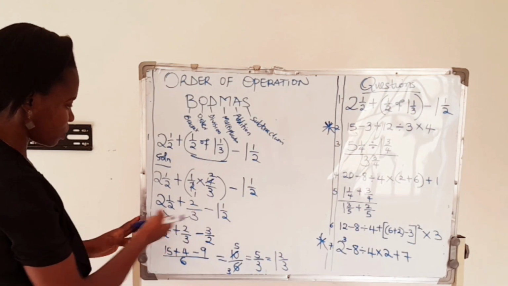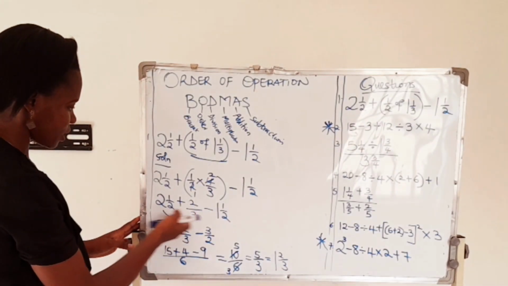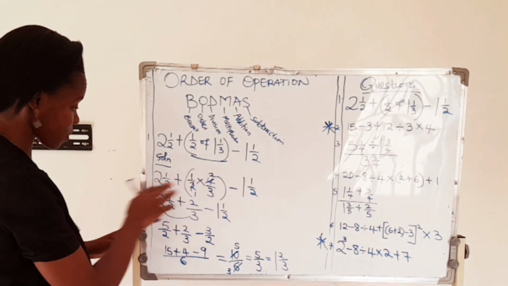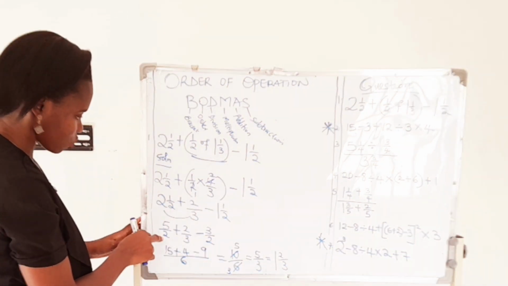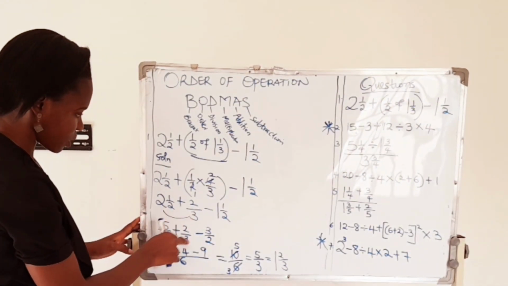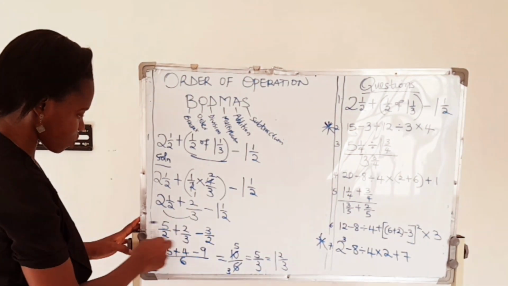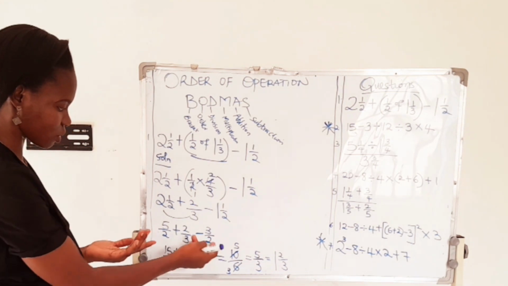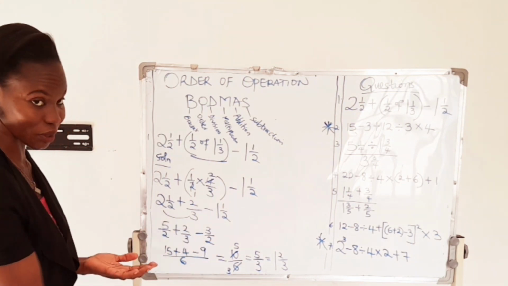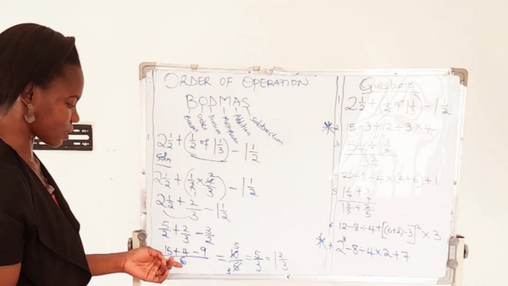So when you do that, you find the LCM and change the mixed fractions to improper fractions, which we did. We have 5 over 2 plus 2 over 3 minus 3 over 2. So we found the LCM of 2, 3, 2. That's 2 and 3 because 2 appears 2 times, and the LCM of 2 and 3 is 6.